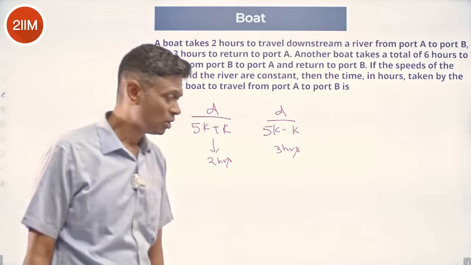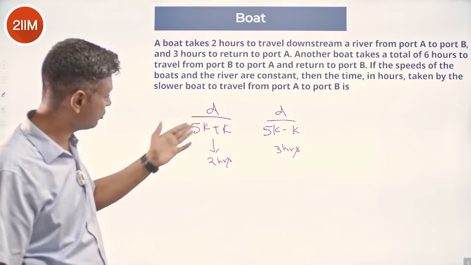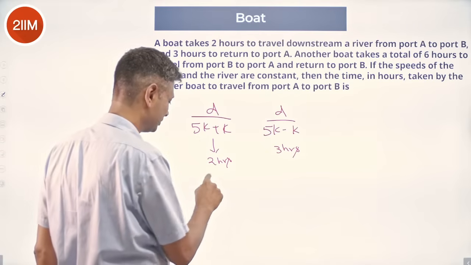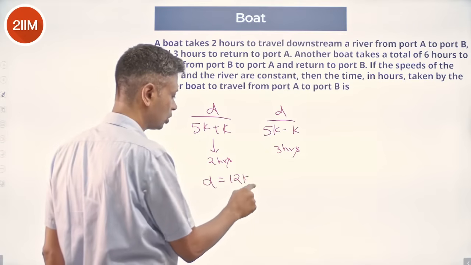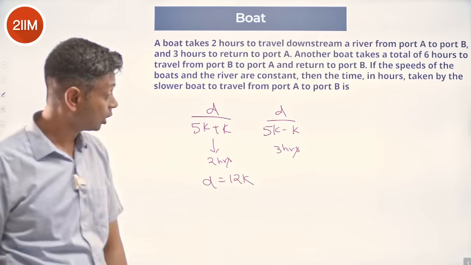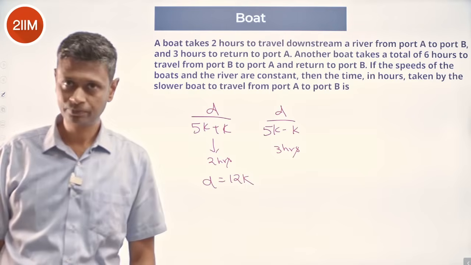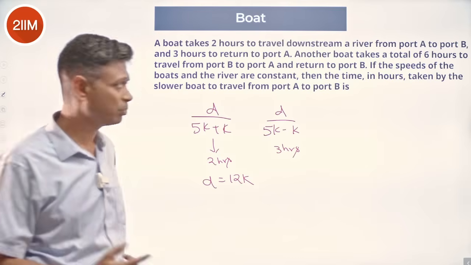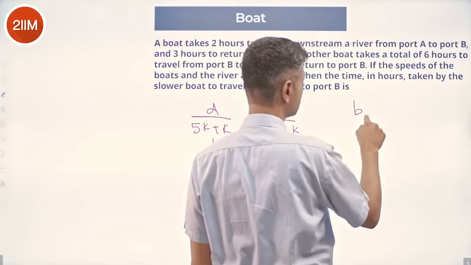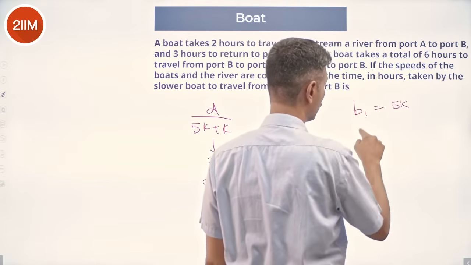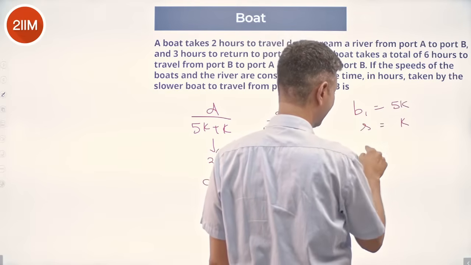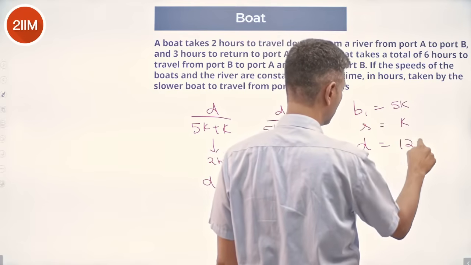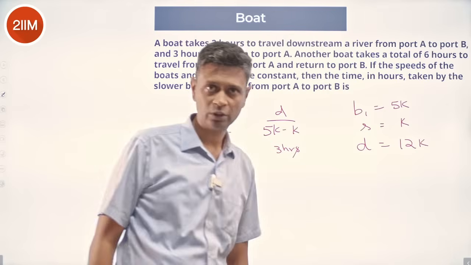So 6k, d by 6k is 2 hours, or d is equal to 12k. 12k by 6k is 2 hours, 12k by 4k is 3 hours. And so now we've got speed of boat 1 to be 5k, stream to be k, distance to be 12k. Right? So far so good.